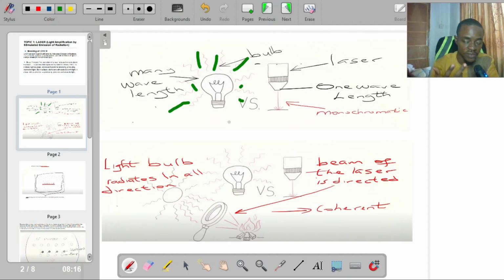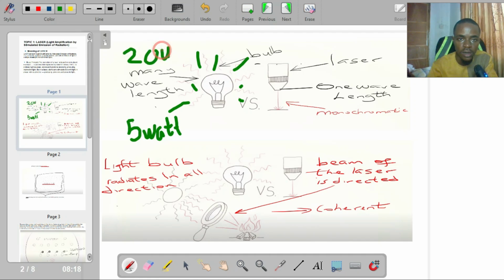Now when we compare a light bulb of 5 watts with a bulb of, let's say, 20 watts of the same maker, you will notice a difference.